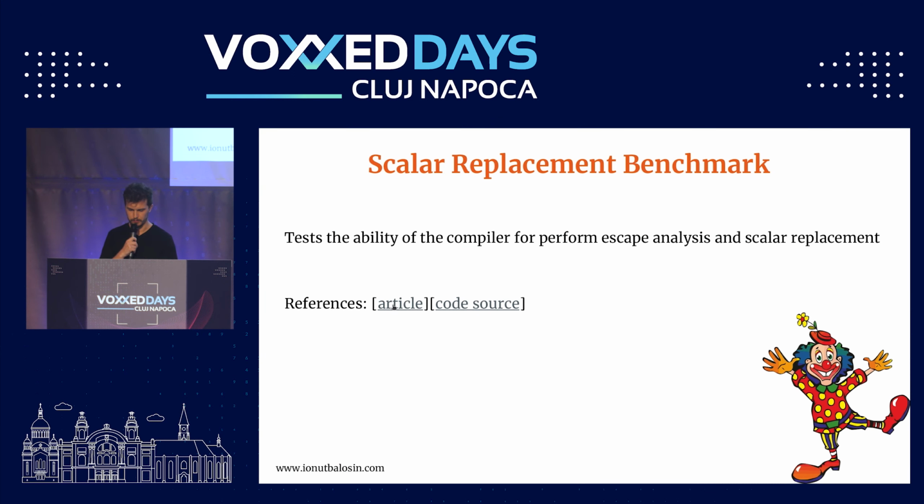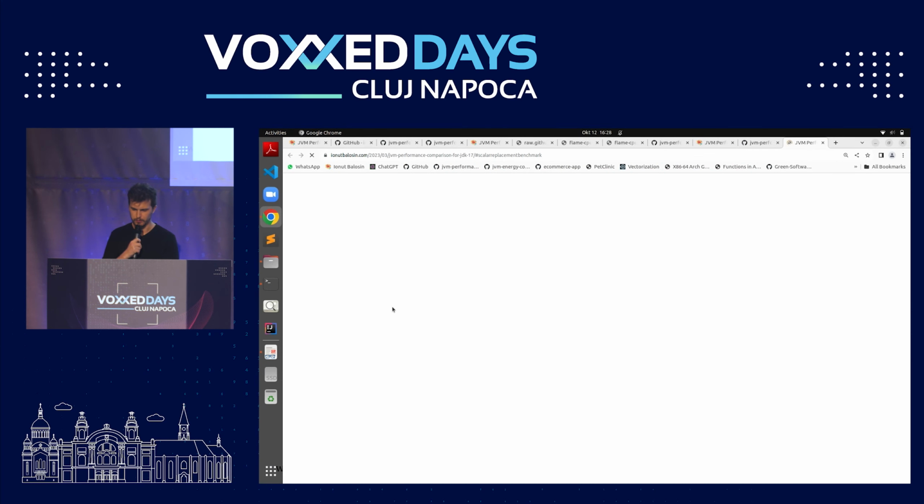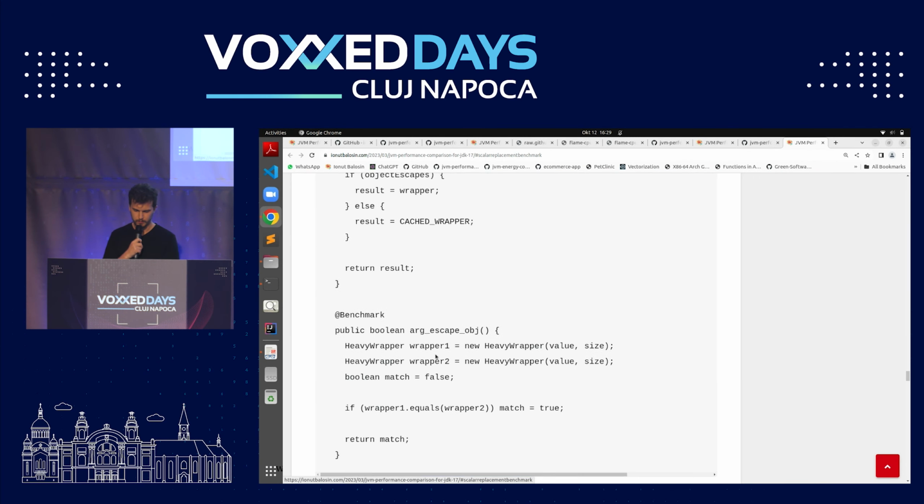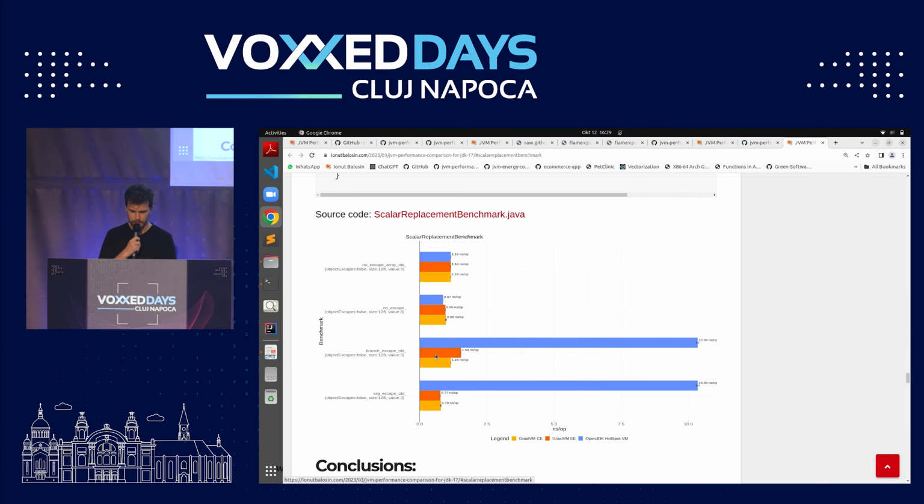So now let's look at the results that we've got. So as you can see, in the case where we do no escape, or we have the no escape array object, all three VMs perform pretty much the same. However, in the branch escape object, C2 performs way poorer than Graal.